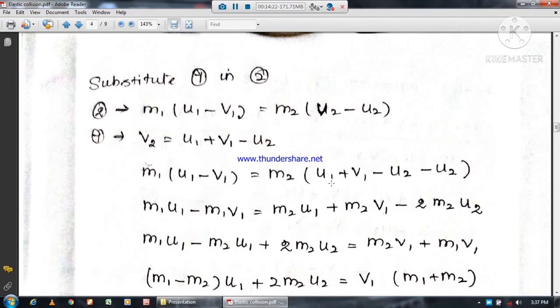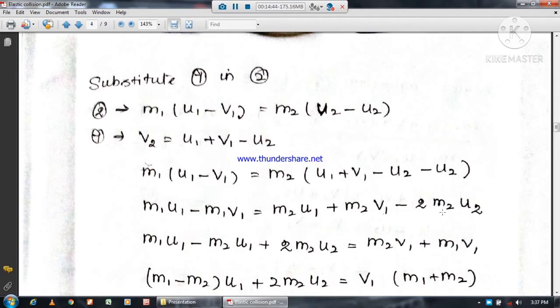You substitute this value, that is (u1 plus v1 minus u2) minus u2, and multiply this m1. So m1 u1 minus m1 v1 is equal to, and multiply this m2. So m2 u1 plus m2 v1 minus 2 m2 u2.